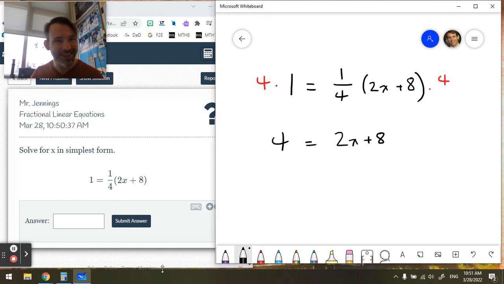Isn't that nice? It's all just revealed itself, easy to solve now. 1/4 times 4, so that cancels that. Now I subtract 8 from both sides to give me negative 4 is equal to 2x. Divide both sides by 2 to get x is equal to negative 2.